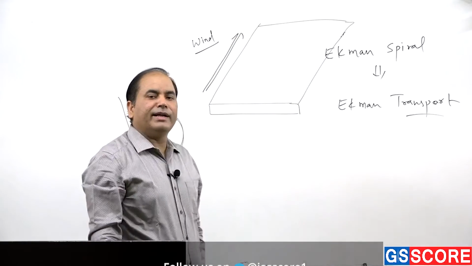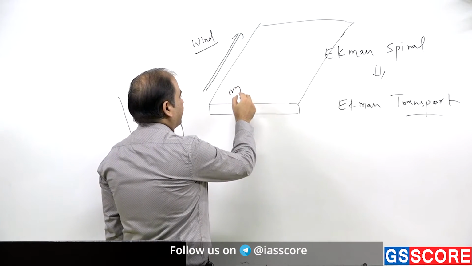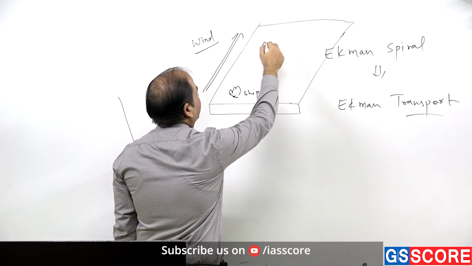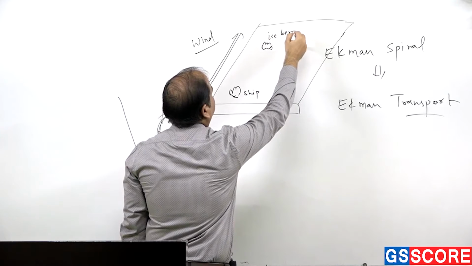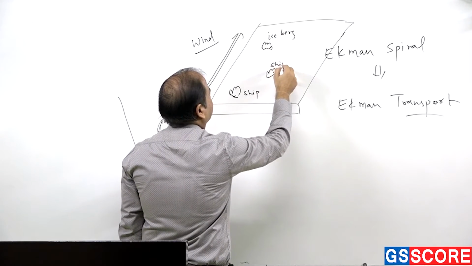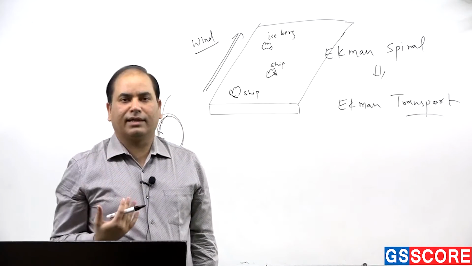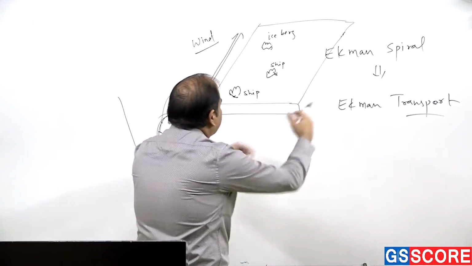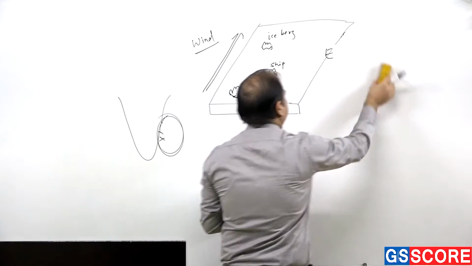When the wind is moving in that direction, let's say here you will have some shape, and here you will have some iceberg. You can have any number of shapes. So the simple understanding is, the movement should be in which direction?